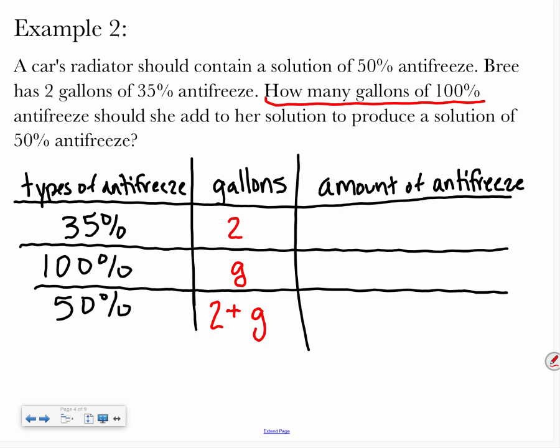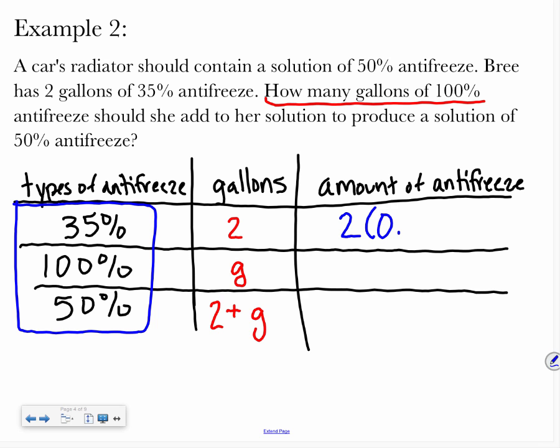Now the amount of antifreeze, what we can do, whenever you have a percentage over here, it saves you a step because in order to determine the amount of antifreeze, you take 2 gallons and then you multiply by the decimal version of the percent.